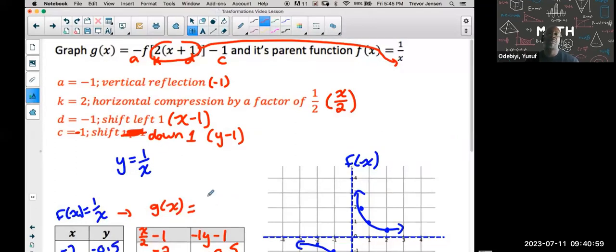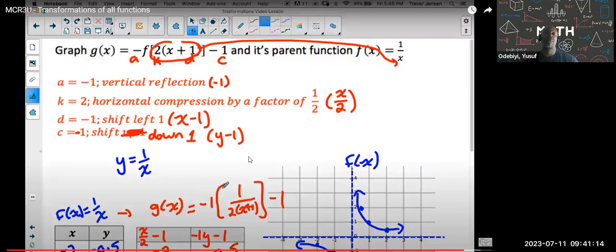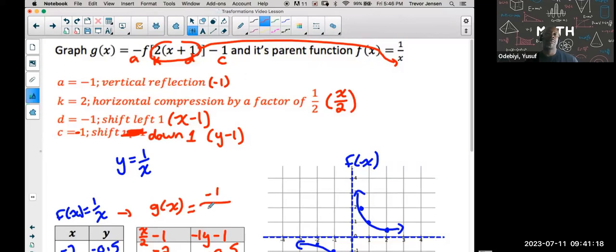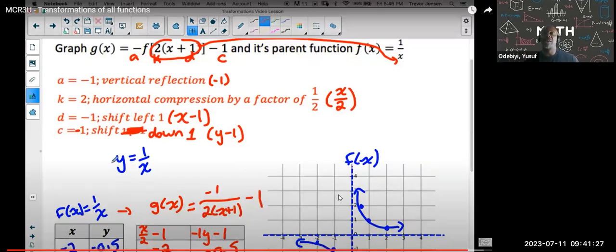We put the a value in front, so we put the -1 out front, and multiply that by 1 over 2 times x plus 1, and put the c value off at the end, -1. That looks a little cluttered. We can multiply the a value into the numerator, and I would write it as -1 over 2 times x plus 1, with the c value -1 off at the end. Okay, so that's how you'd write that.